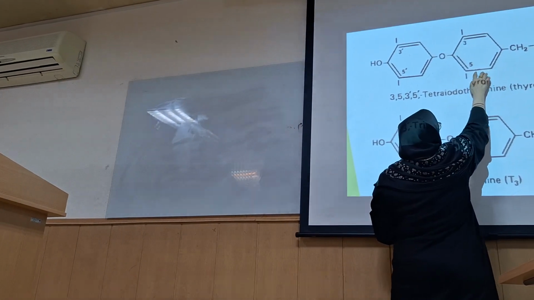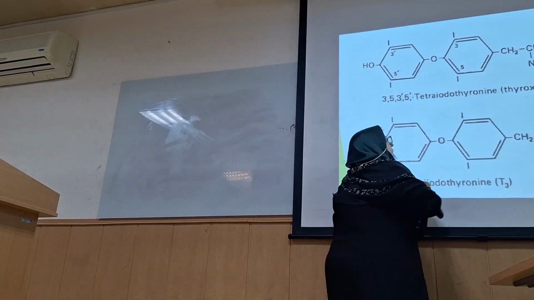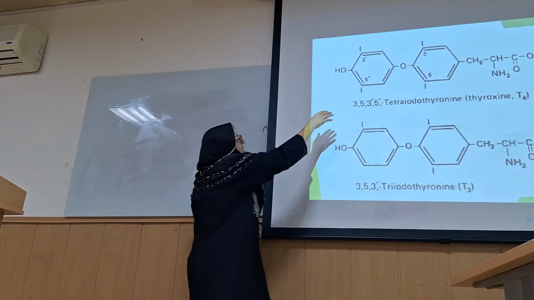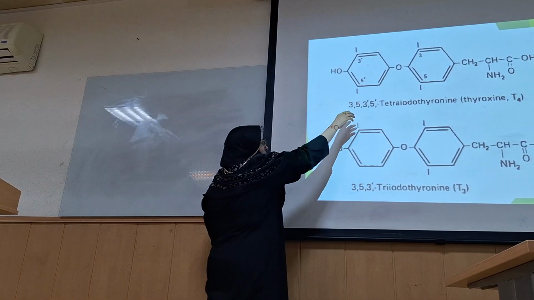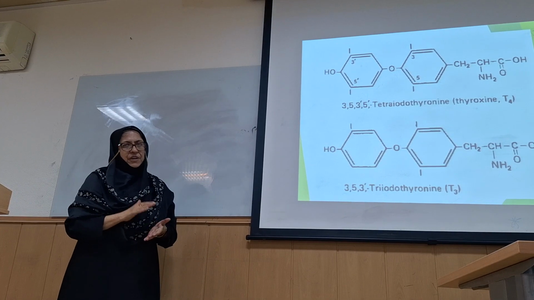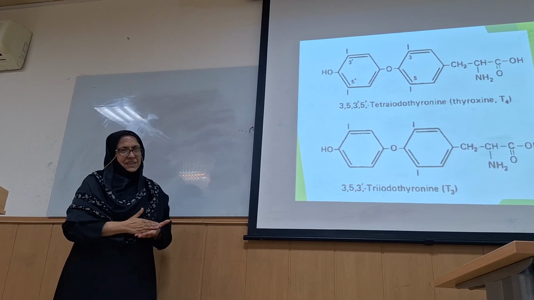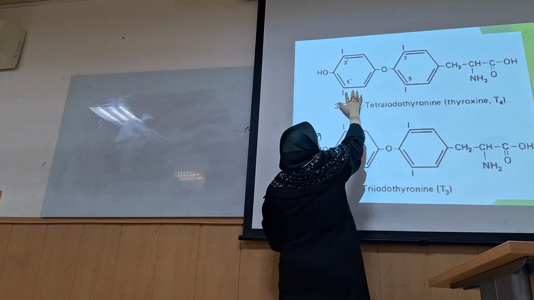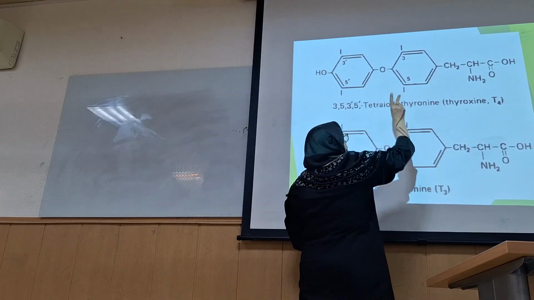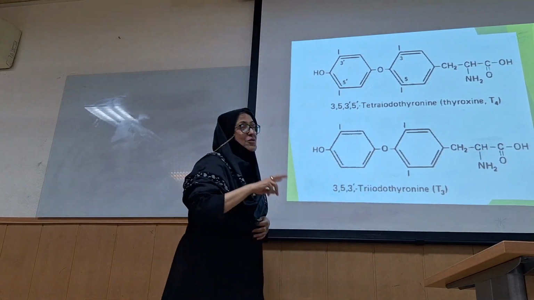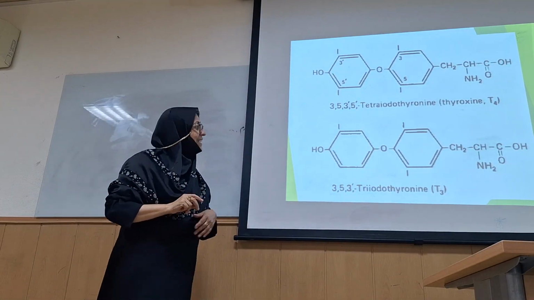A ring connects to amino acid of alanine. B ring combine to phenol ions. Okay? T4, A ring and B ring. A ring have two ions, B ring have two ions.